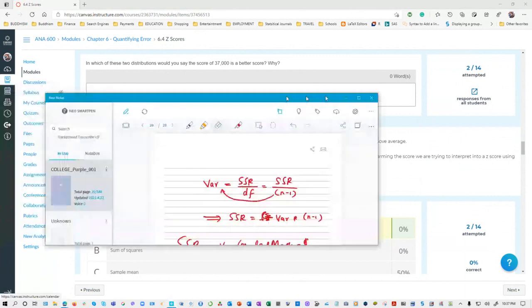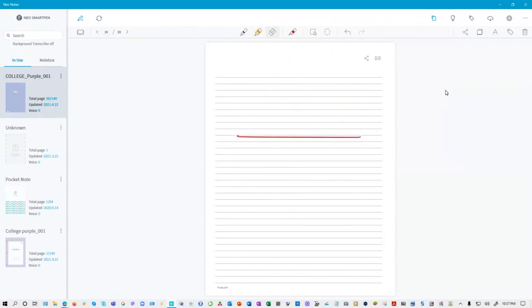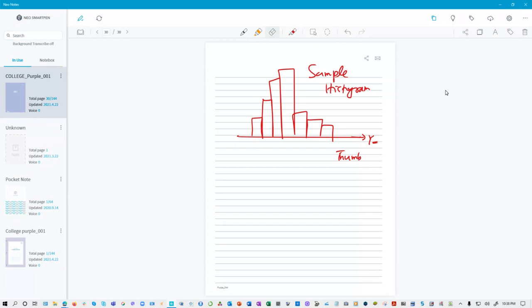This is from the very beginning. Let's say I draw a histogram for my Y data, my sample. This is a sample histogram. This is your Y value, say thumb length, and on this side you have how many times it has happened, called the frequency, denoted by F. You know that.